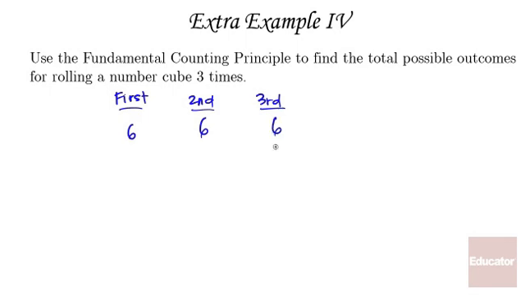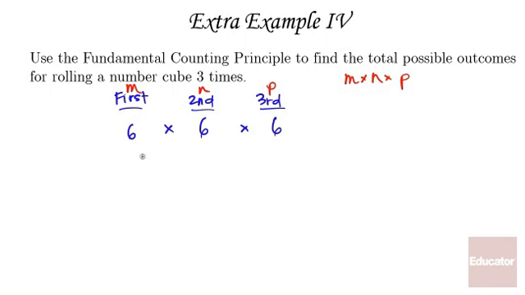So to find the possible number of outcomes, we know that we have to do M times N, right? That's if you have 2 events. In this case, we have 3 events, so we just multiply all 3 together. So we can just label this as M, this as N, and the third one, whatever you want, P. So we're going to do times P. So it's going to be 6 times the 6.